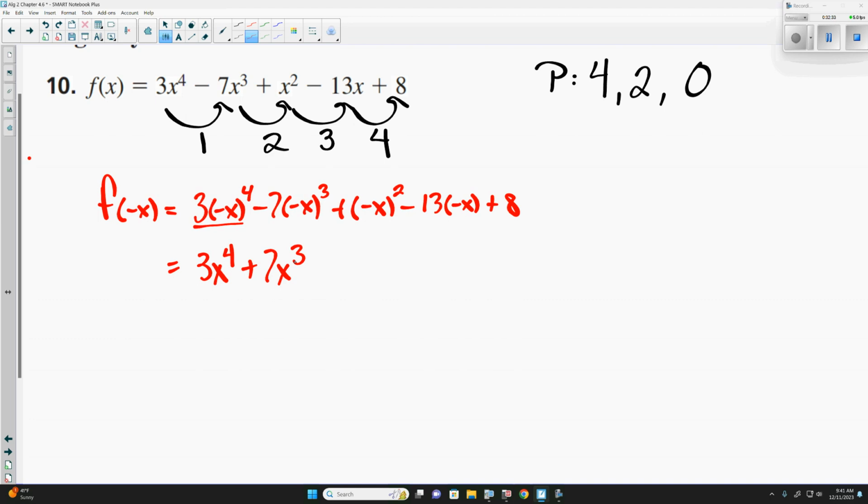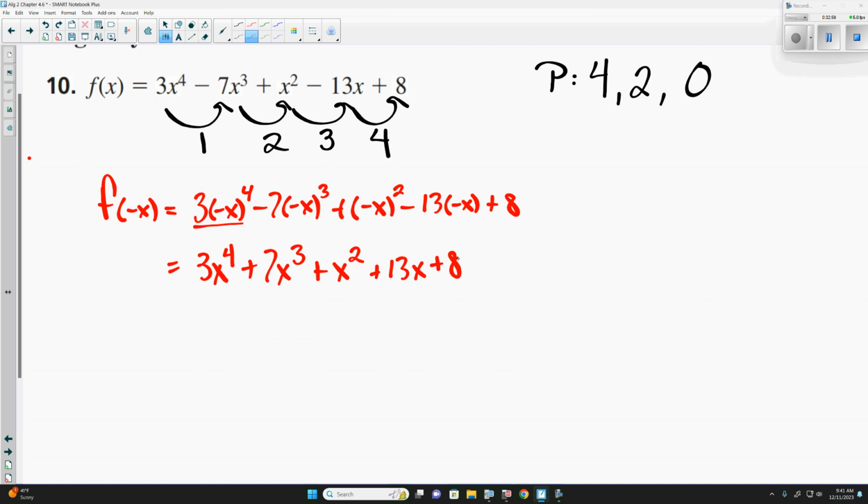Our next power is x squared. It is even, so the sign stays the same. It'd be plus x squared. Our next one is just first power. First power is odd, so it's going to change from negative 13 to positive 13, and the constant term stays the same because there is no variable to affect it.